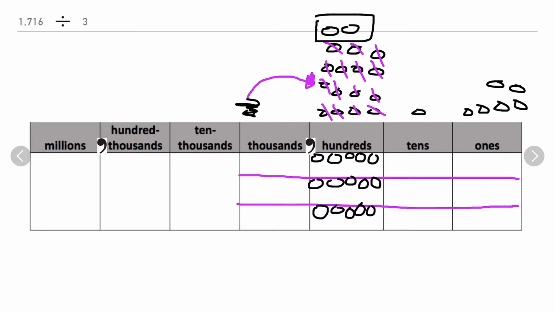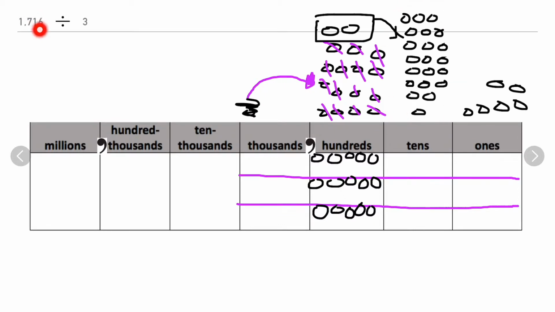Hundreds is 10 times as many as tens. I have 2 hundreds. So that means that I'm going to have 20 tens. 1, 2, 3, up to 20. And all together now I have 21 tens because I had 1 ten in my original dividend.